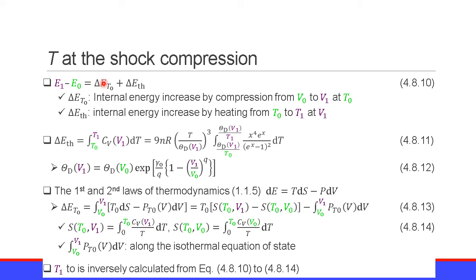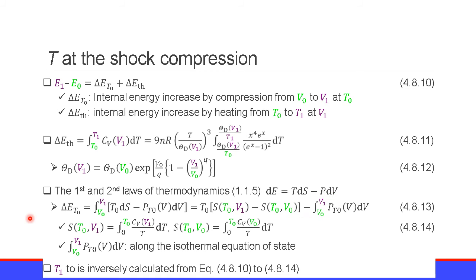From the first and second law of thermodynamics, equation 1.1.5, the internal energy increase is temperature times entropy increase minus pressure times volume increase.